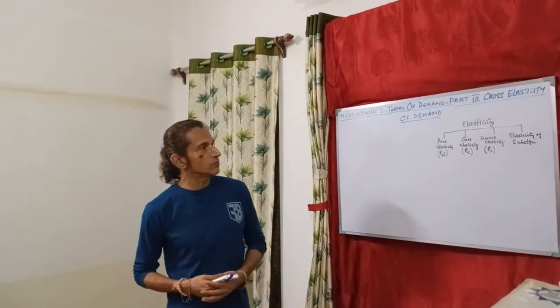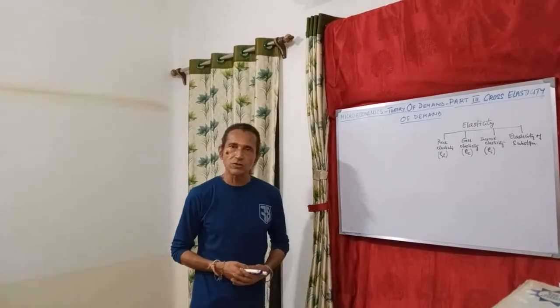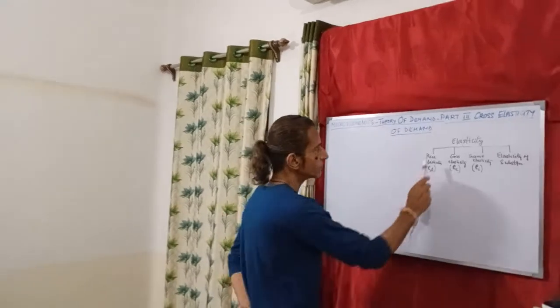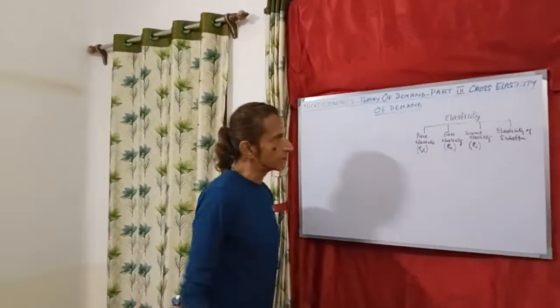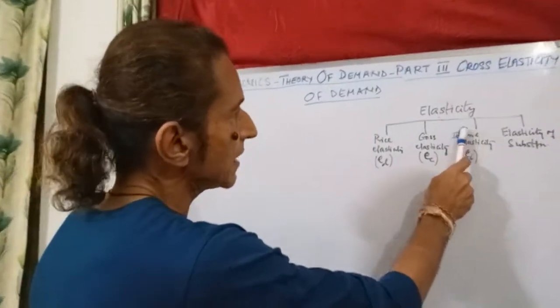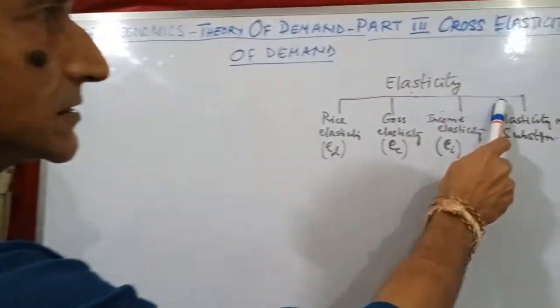In this video, we shall discuss cross elasticity of demand. The elasticity can be of 4 types: price elasticity, cross elasticity, income elasticity, and elasticity of substitution.